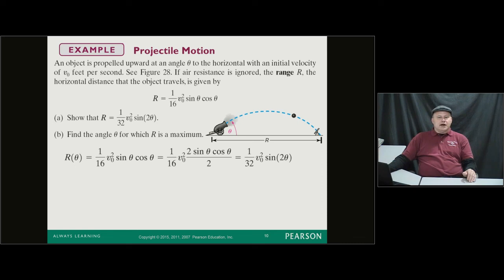Which is the biggest of all those numbers? Well, you've got 0.1, 0.2, 0.3. 1 is the biggest. So the sine of 2 theta is going to be the biggest when it's 1.